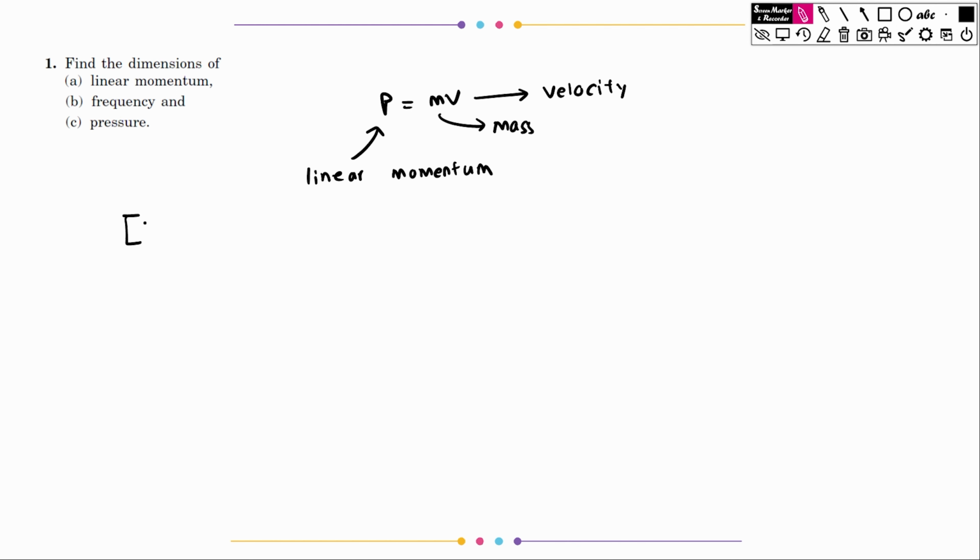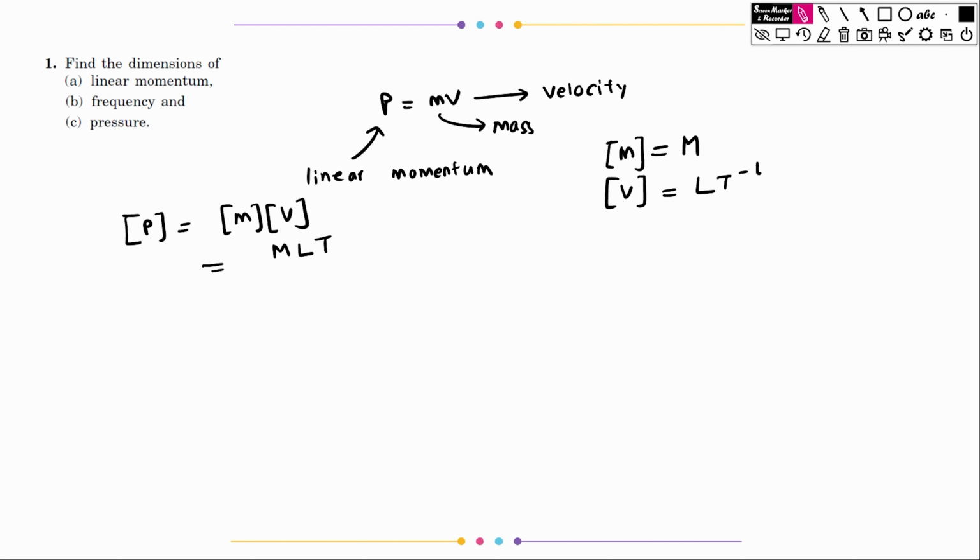So we'll write within square brackets [P] is equal to [m][v]. Now if you remember our previous videos, the dimension of mass is represented by the symbol capital M and the dimension of velocity is LT^-1. Therefore, altogether we can write it as MLT^-1.